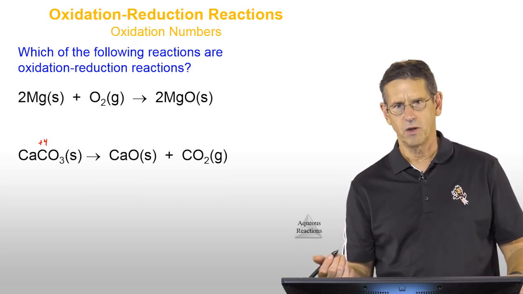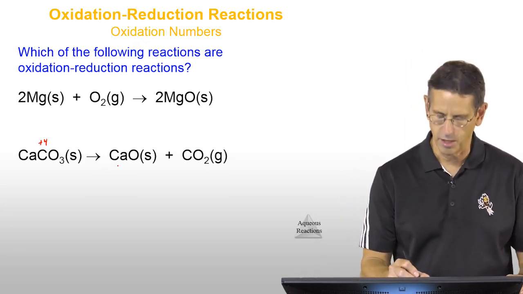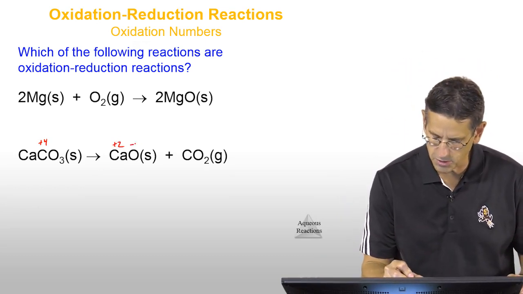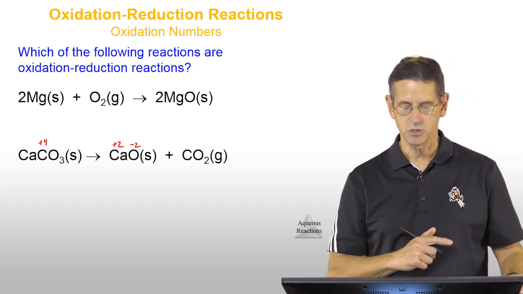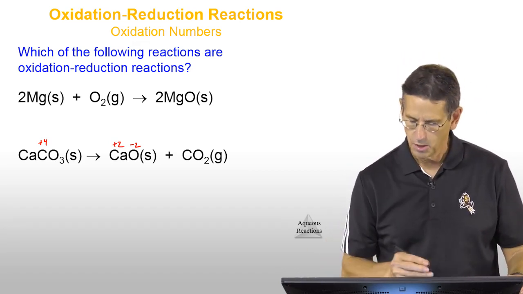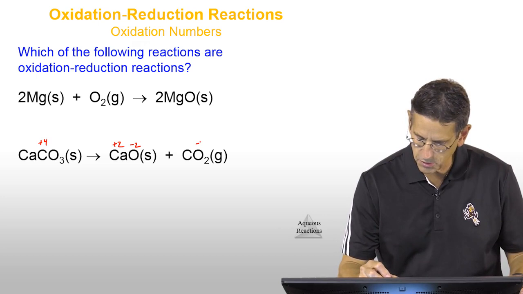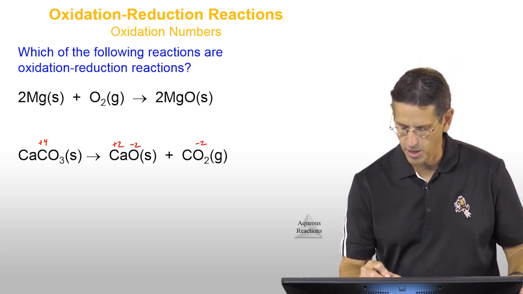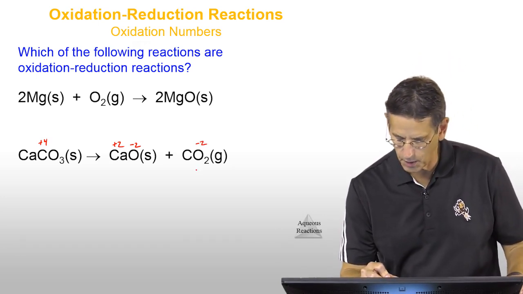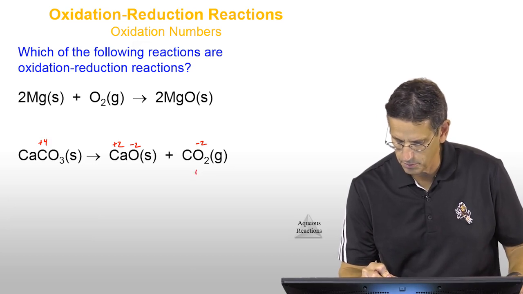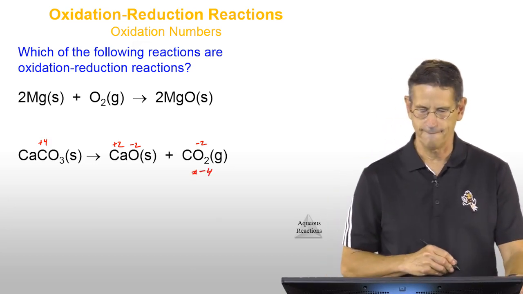How about on the right side? Well, calcium oxide, calcium is going to be a plus 2, oxide is a minus 2. What about the CO2? Well, CO2, each of those oxygens is minus 2. We've got a contribution of 2, so this is minus 4. All right.